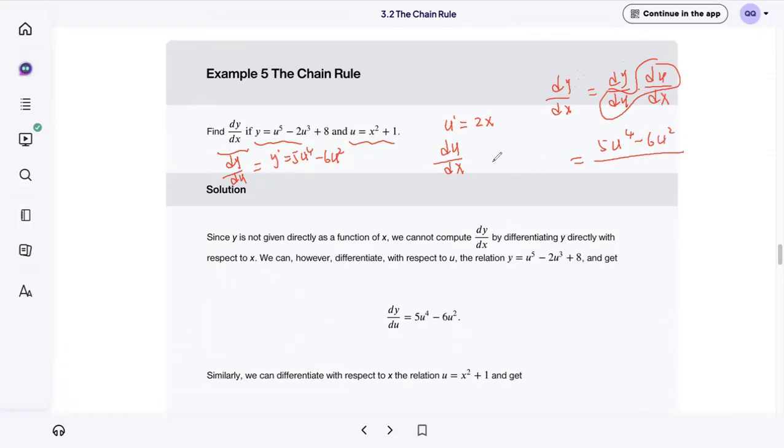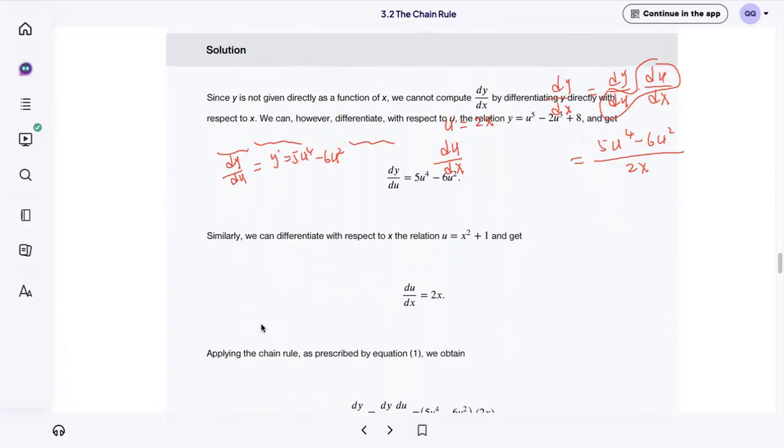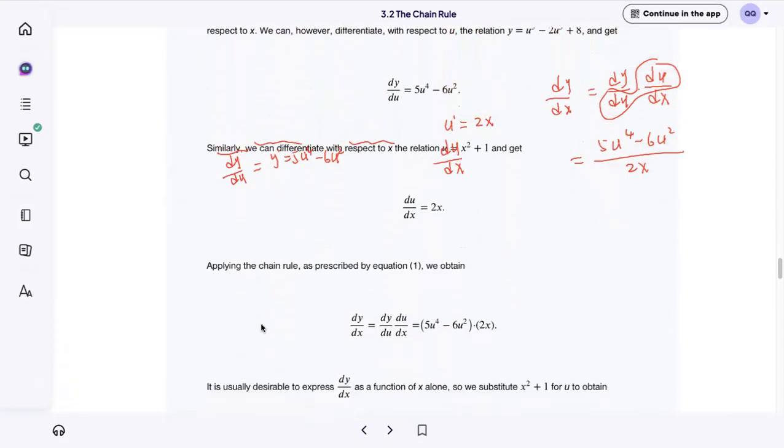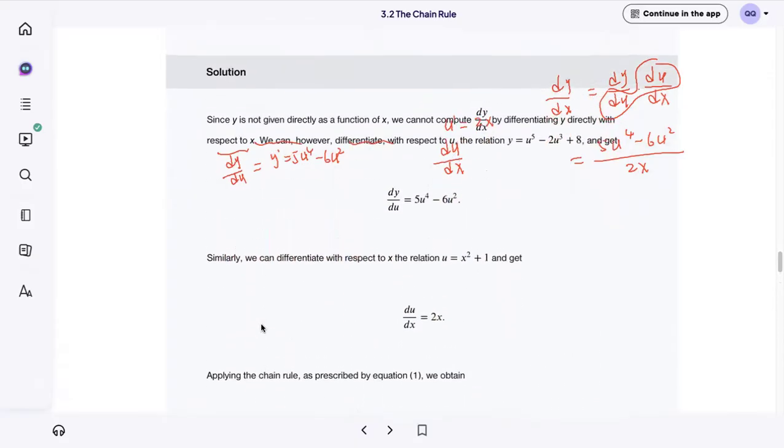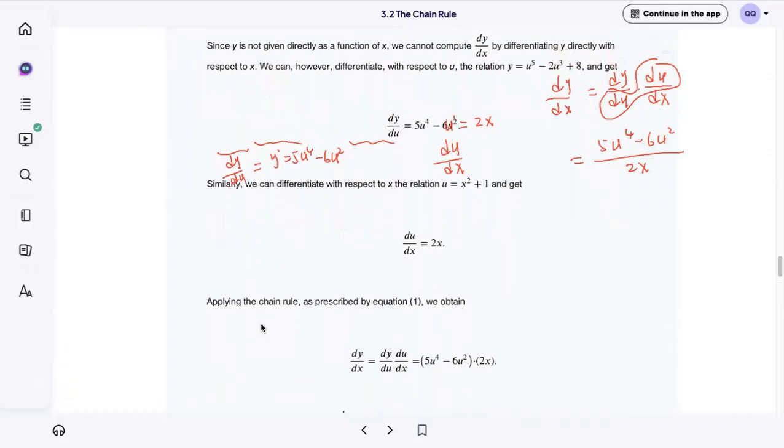Then multiplied by du dx, which is 2x. Hold on a second, dy du equals this. Let's see what they want to do. Du dx is 2x. Oh, okay, because we know x.